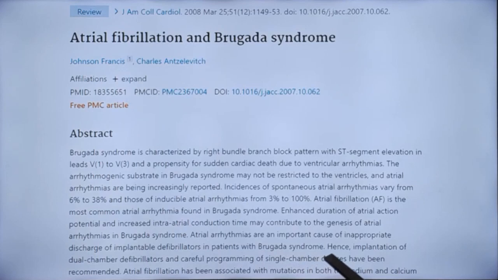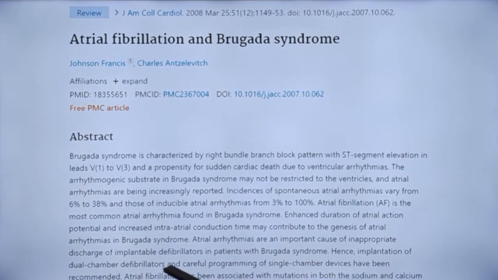So what is needed is to implant a dual chamber defibrillator which has an atrial lead. The atrial lead will sense the atrial electrical activity and tell the defibrillator that it's an atrial arrhythmia and not a ventricular arrhythmia which has caused the fast rate.